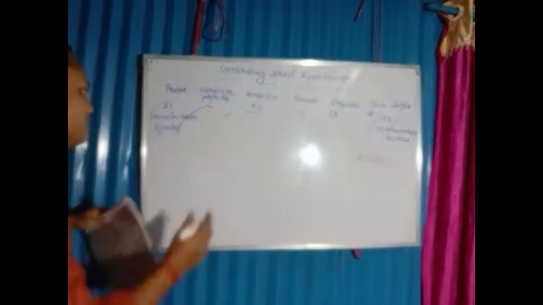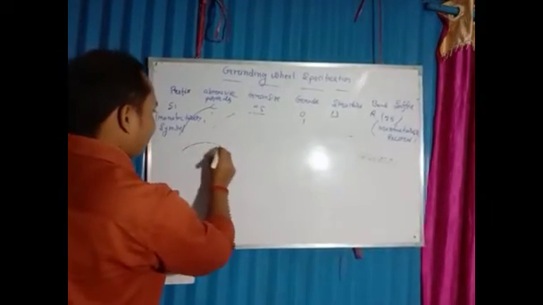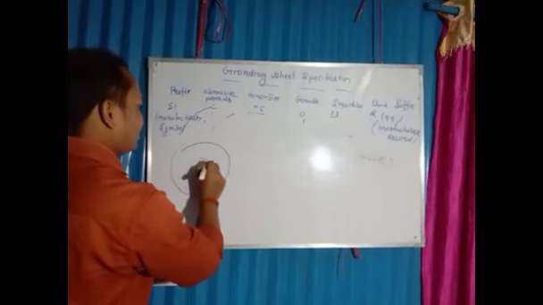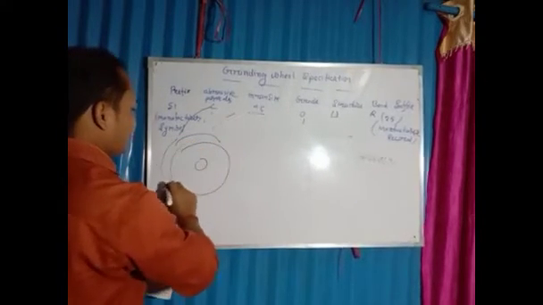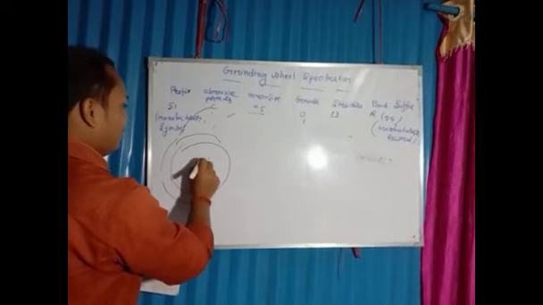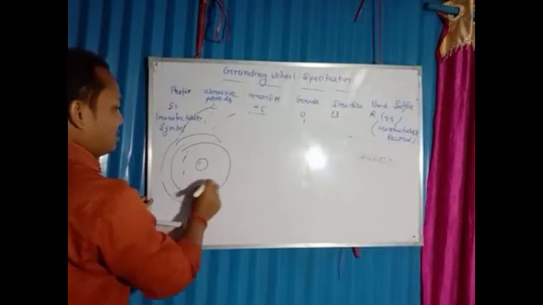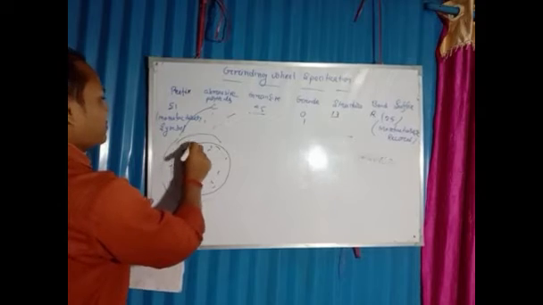Generally, grinding wheels look like such figures. This is a grinding wheel, and here are the abrasive particles, many abrasive particles.